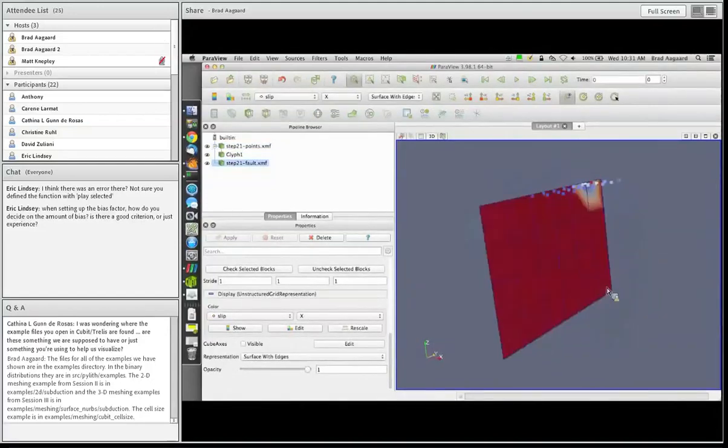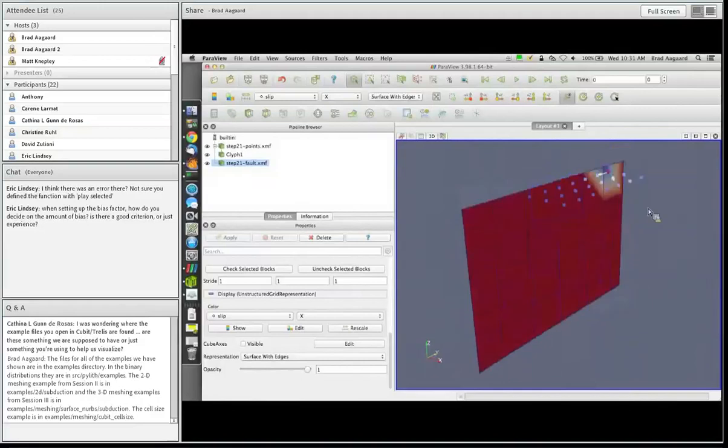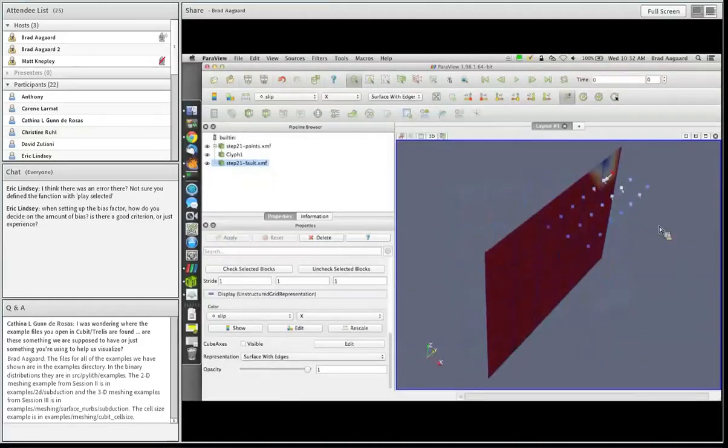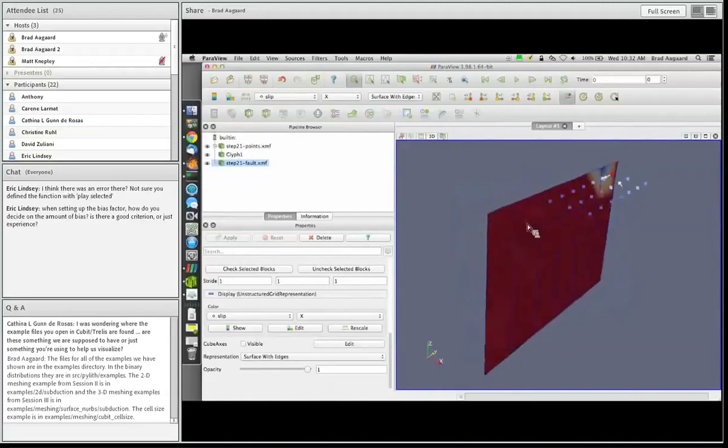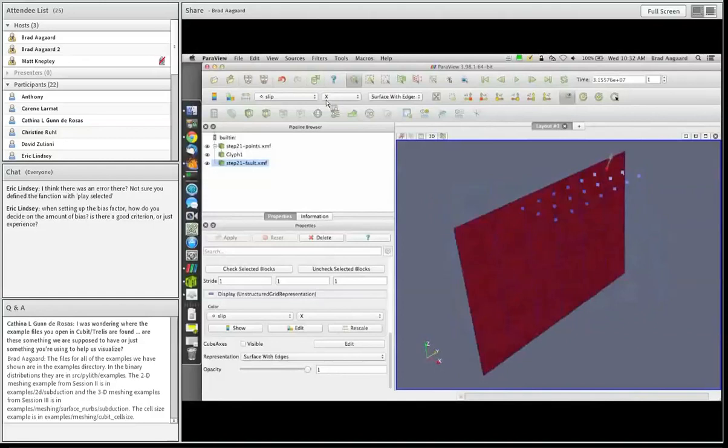So there's X, and that was our vertical component. Why am I not showing up? Slip. There it is. The Y component. I think I'm just going to keep it on magnitude.